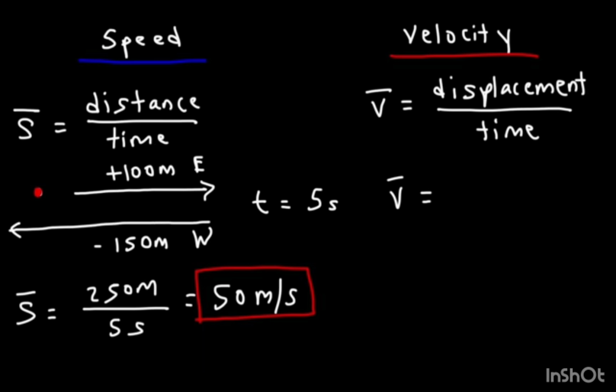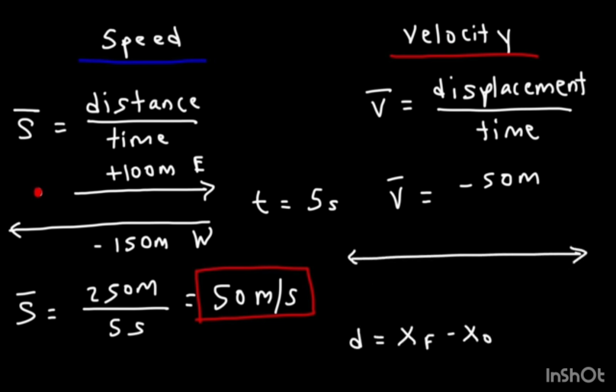If we add 100 plus negative 150, we get a net displacement of negative 50. The other way in which you can calculate displacement is by taking the final position and subtracting it by the initial position. And it helps to draw a number line for this.